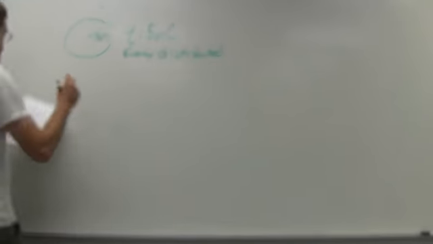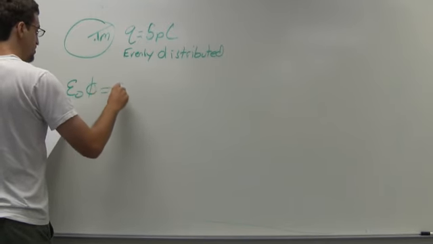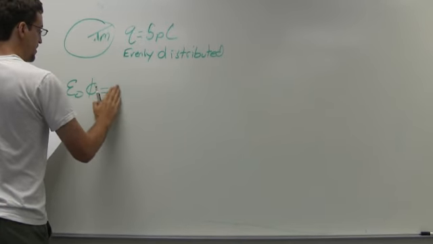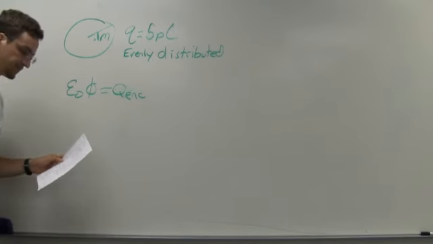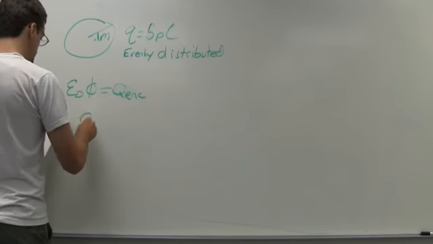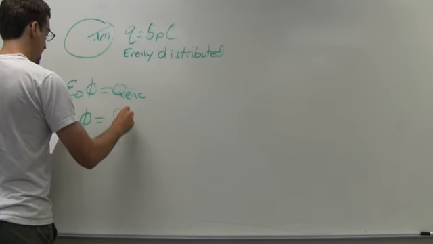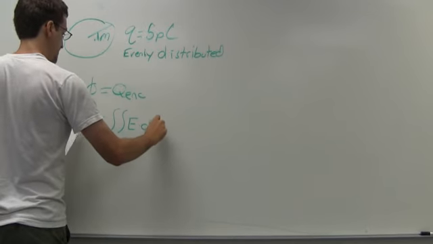Now we know from Gauss's law that epsilon naught times the flux is equal to the charge enclosed by the Gaussian surface. Now, flux is equal to the surface integral of E dot dA.